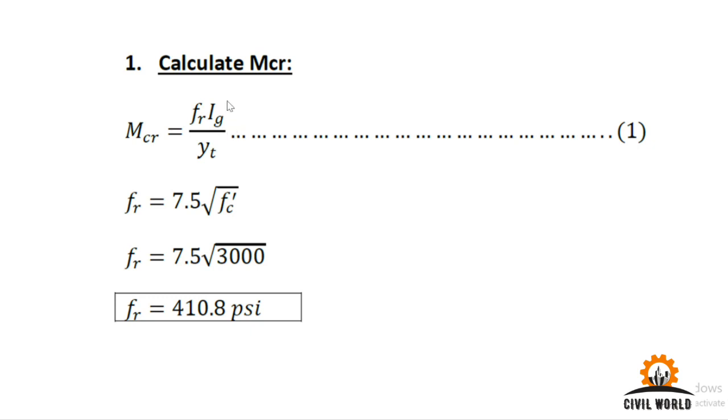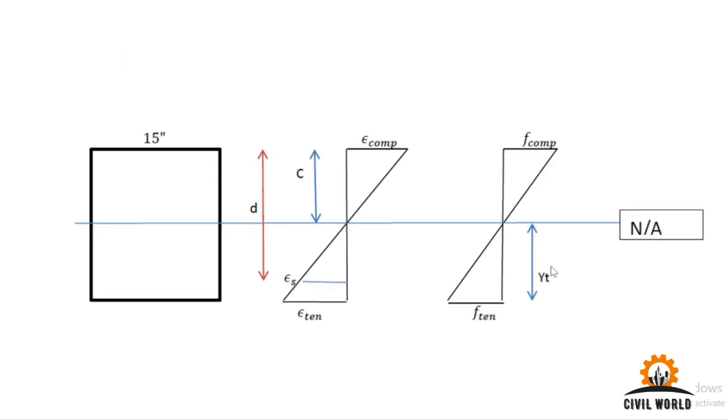Ig is the gross moment of inertia, and yt is the distance of the extreme concrete fibers in tension from the neutral axis. This is the neutral axis, and this yt is the maximum distance, or the distance of the extreme concrete fiber in tension.